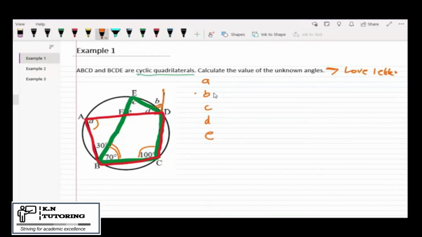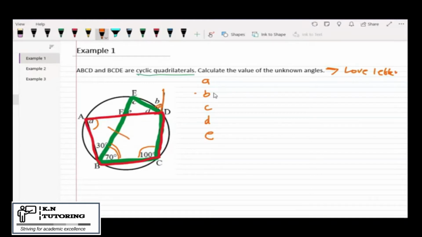We'll determine them in alphabetical order. If you look at angle A, it is opposite angle C, and angle C is 100 degrees, in cyclic quad ABCD.